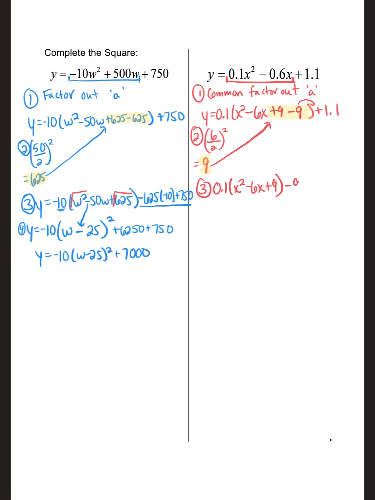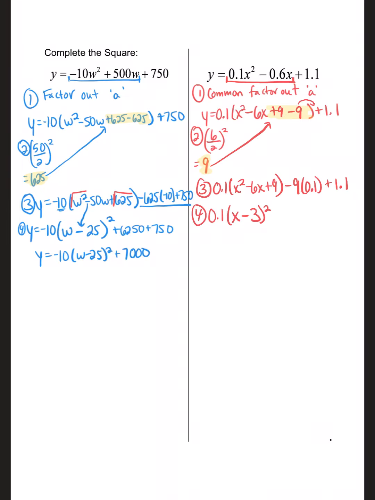And then I'll take my minus 9 out, but making sure to multiply it by my common factor of 0.1 on its way out. And then finally, we are going to factor that perfect square trinomial. So x squared minus 6x plus 9 is going to be x minus 3 squared.